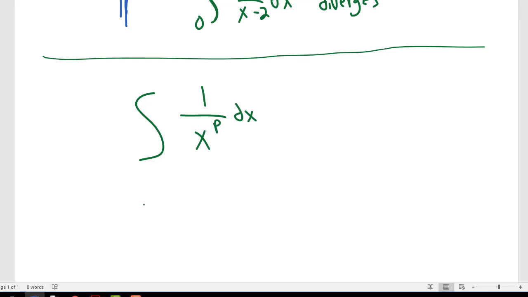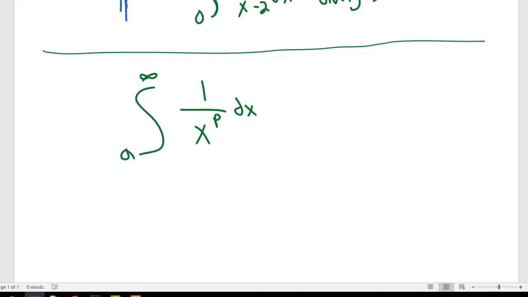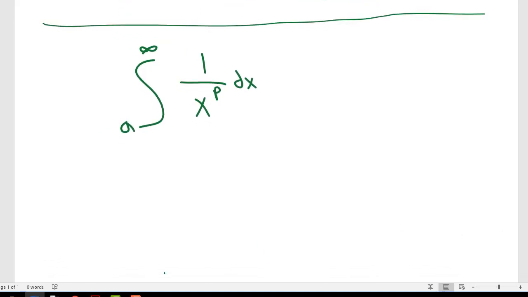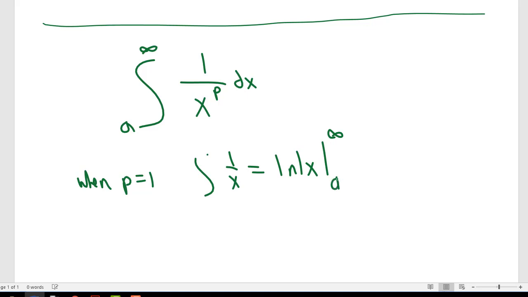So basically, let's say we're looking from a to infinity at 1 over x to the p. Now when p is 1, the integral of 1 over x is ln of x from a to infinity. Again, I'm getting kind of sloppy here. This is not rigorous mathematically.